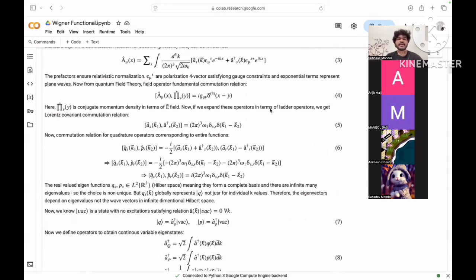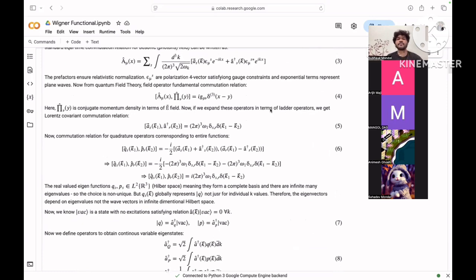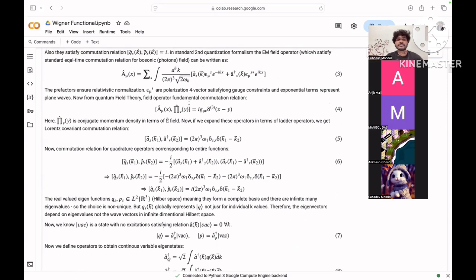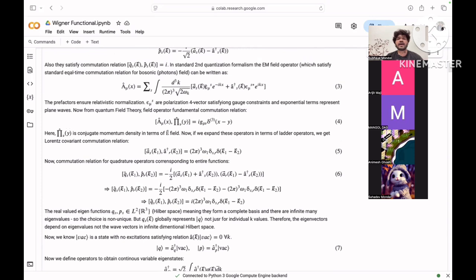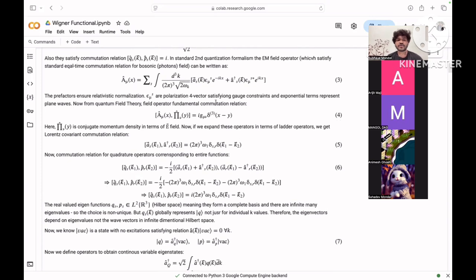And the electromagnetic field operator satisfies the commutation relation with the conjugate momentum density operator, like this, where g mu nu is, first of all, I would like to address that we have used this notation here for the four vectors satisfying the gauge constraints.